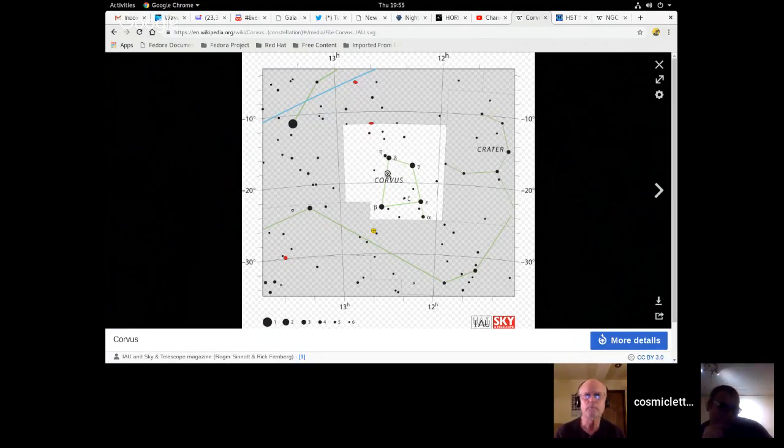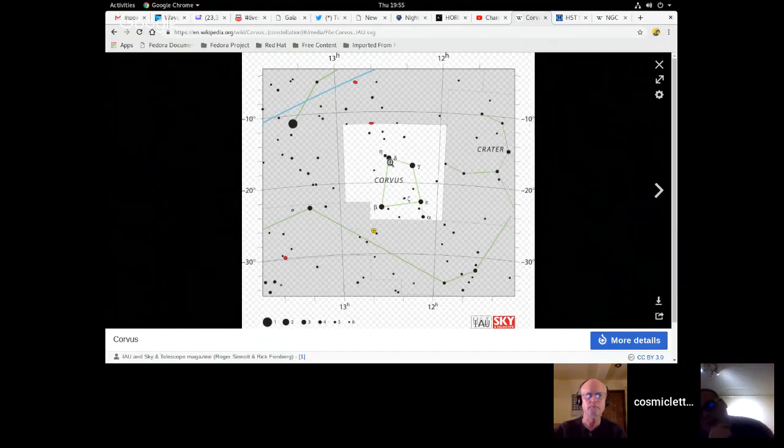But when you see this in the sky, it's really, really obvious, right? I mean, it looks like a trapezoid, or sort of a weird looking rectangle, right? Pretty easy to see because there really aren't a lot of bright stars around it. I think this might be Spica up here.